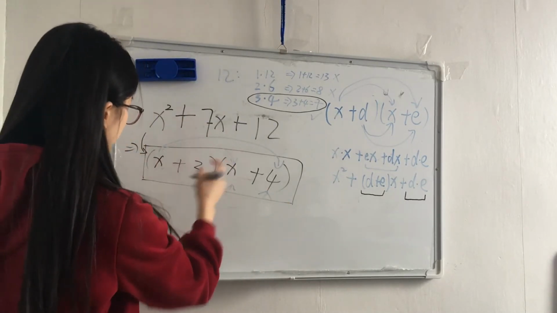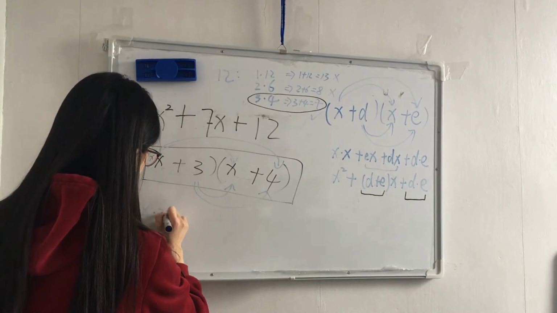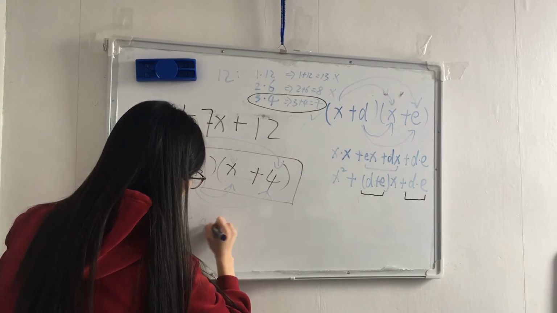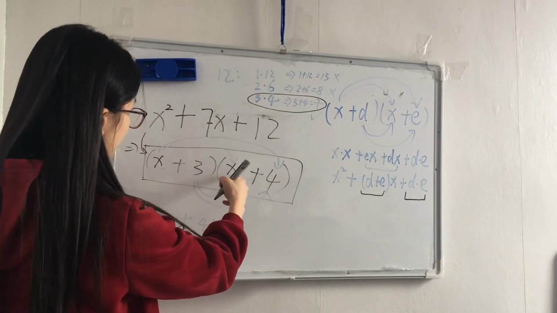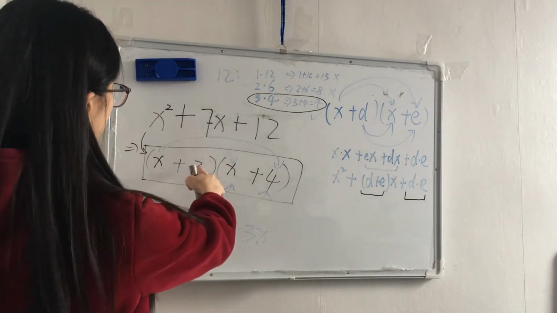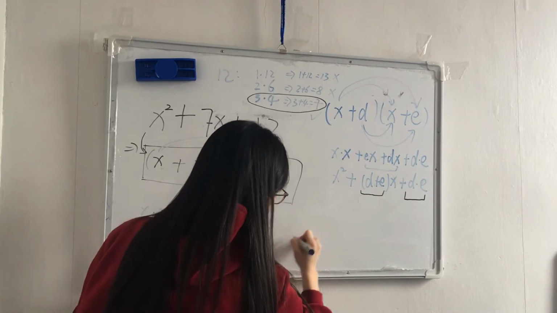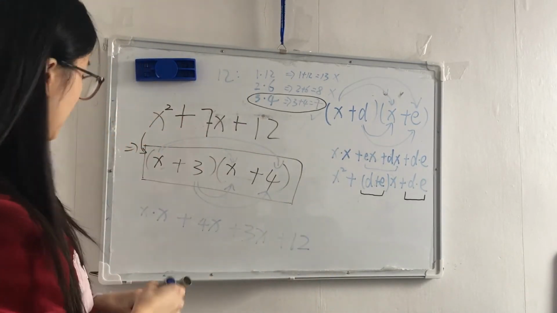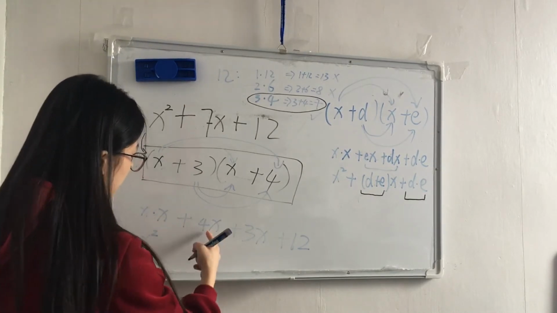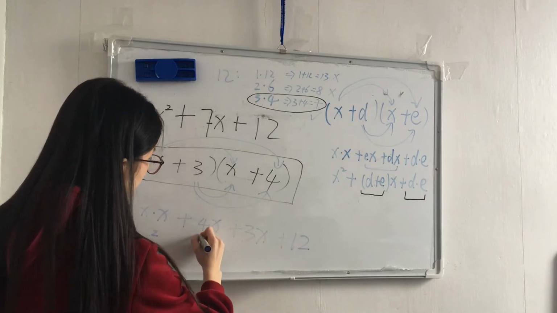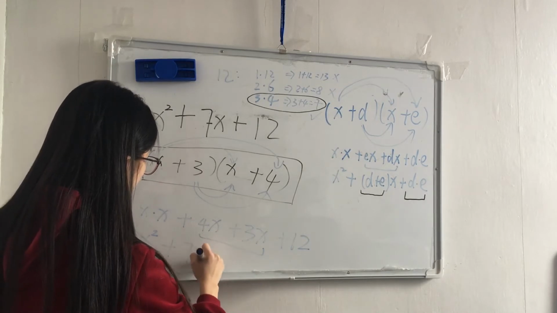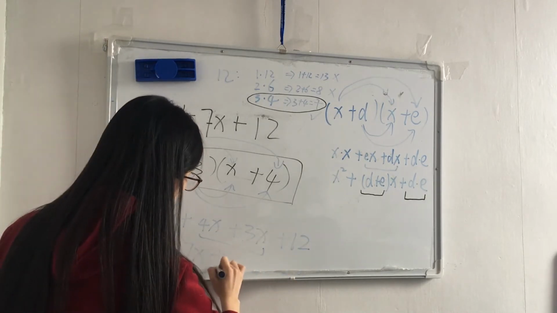So x times x, and then plus x times 4, that is 4x, and then 3 times x, that's 3x, okay. And then 3 times 4, that's 12. Then we combine the like terms. x times x is x squared. 4x plus 3x is a like term, so 4 plus 3 gives us 7x, and then the last term is 12.